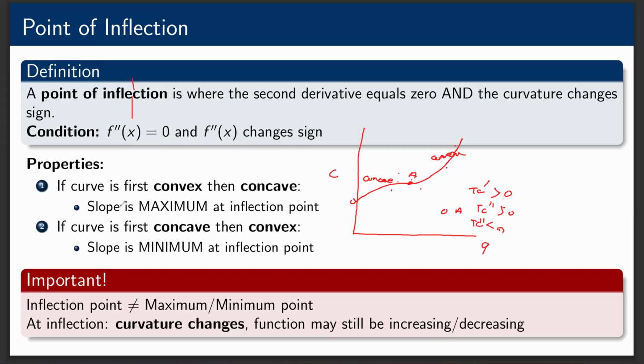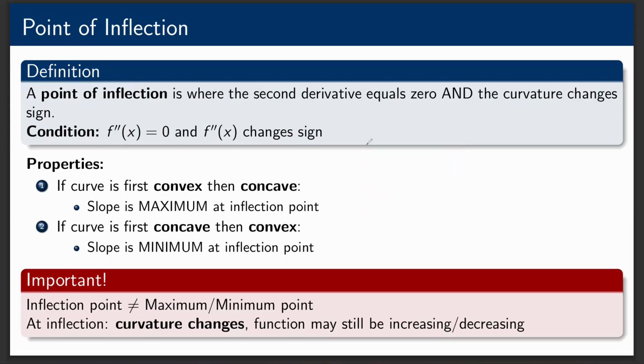Let us look at the maxima minima diagram, there we'll find it clearer. This is the diagram. Here, point A is the minimum point, right?